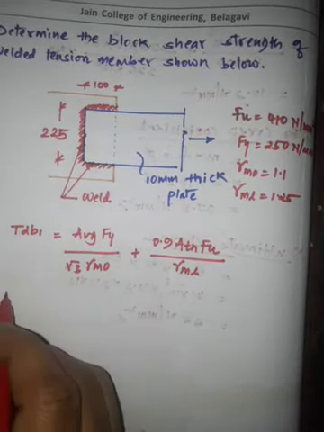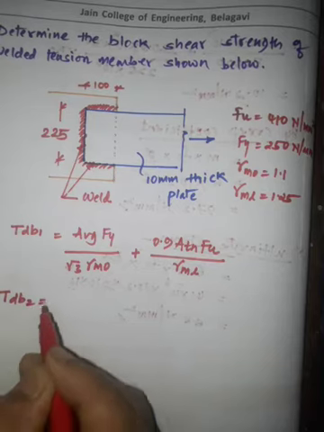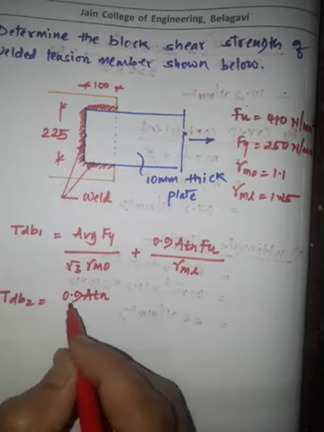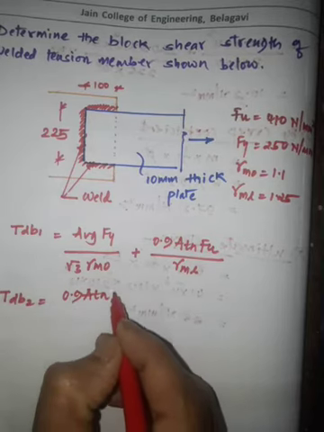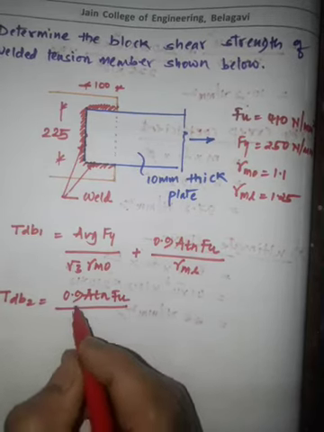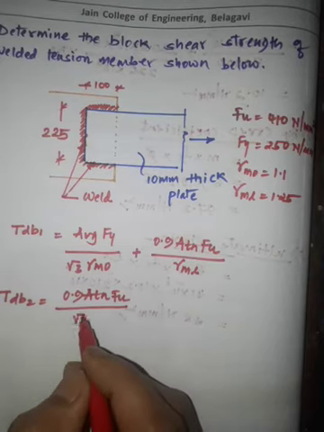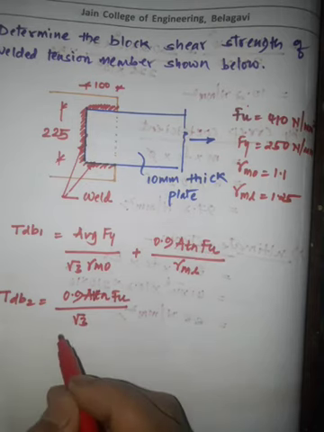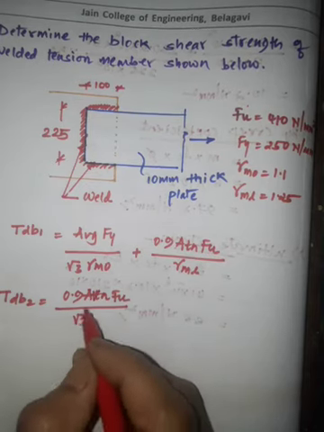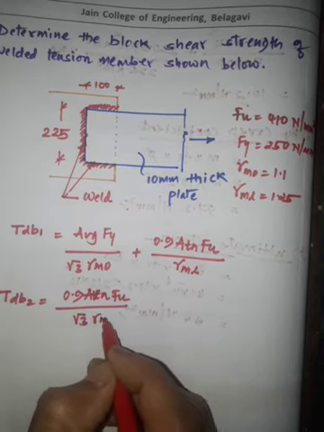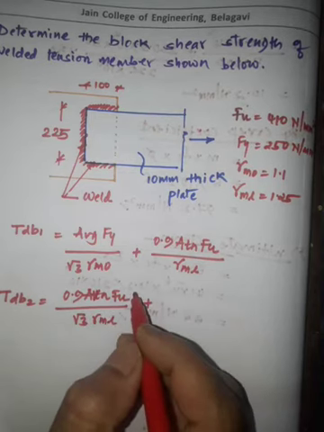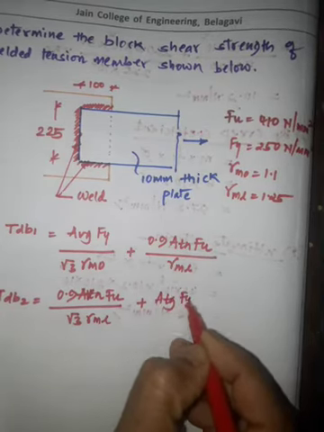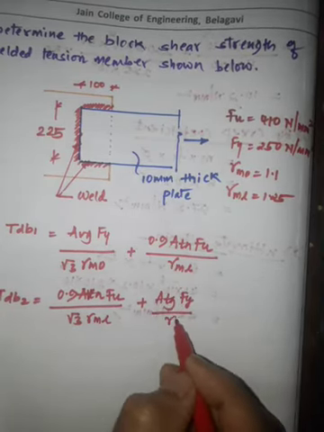Then we have one more formula for block shear, TDB2, given by 0.9 AVN Fu by root 3 into gamma ml, plus ATG into Fy upon gamma m naught.